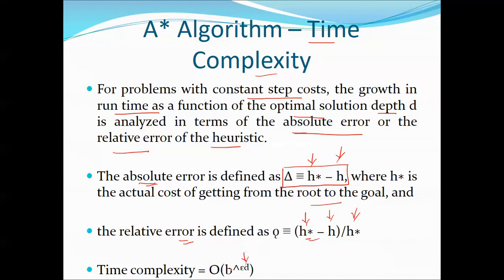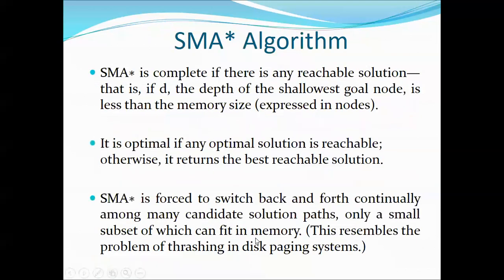But this time complexity is based on absolute error. So there are actually two different time complexities, and we are not discussing the time complexity with respect to relative error. The time complexity with respect to absolute error is order of b to the power epsilon d, where d is the depth at which the solution is available, and epsilon is some constant.